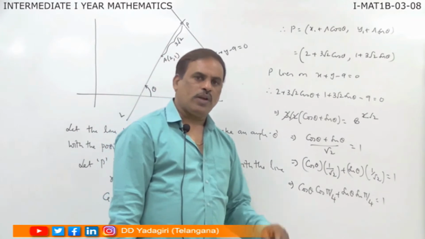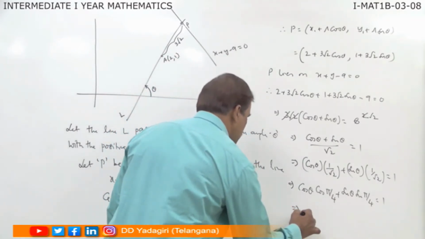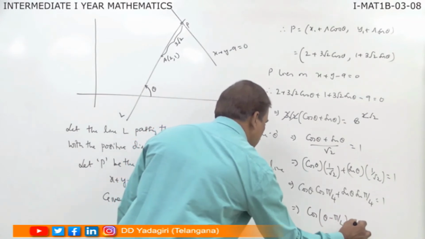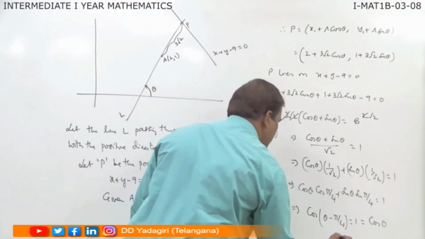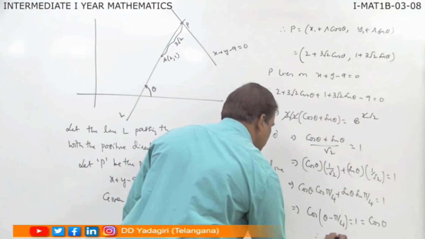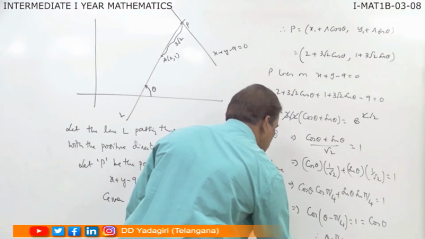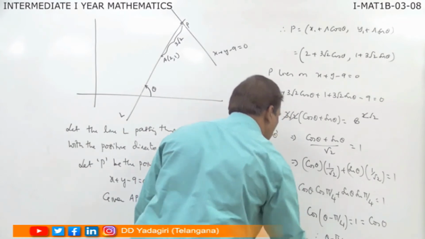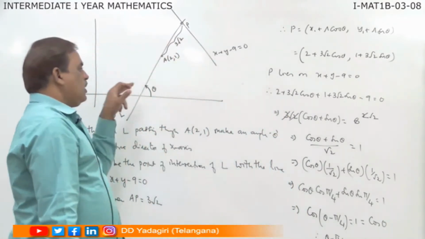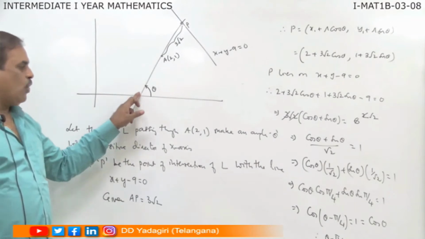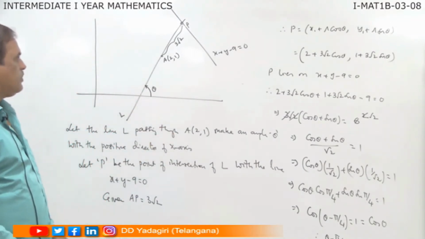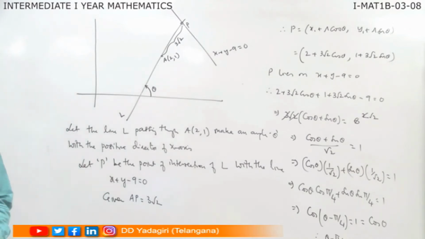It is cos of A minus B. This gives cos of theta minus pi by 4 is equal to 1 is equal to cos 0. Therefore, theta minus pi by 4 is equal to 0, which gives theta is equal to pi by 4. Okay. So, the line is now making an angle pi by 4 with the positive direction of x-axis. Okay. This is about the problem number 4.